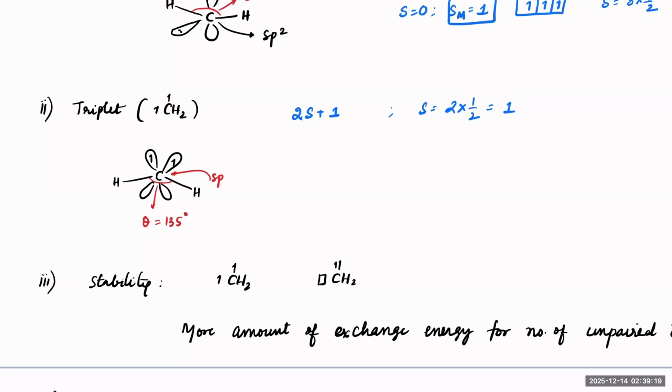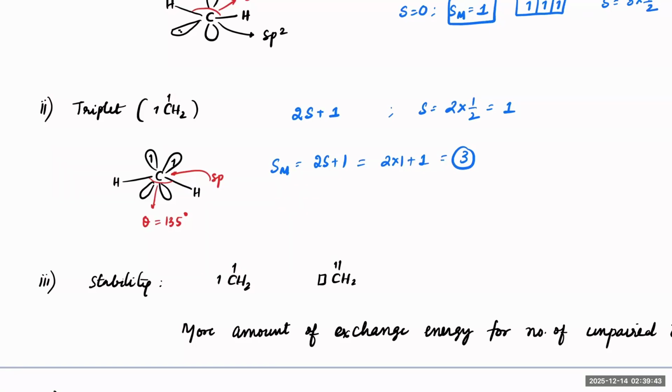So spin multiplicity, 2S plus 1, is equal to 2 into 1 plus 1, which comes out to be 3. Because it is 3, that's the reason why we use the word triplet, because the spin multiplicity is coming out as 3.